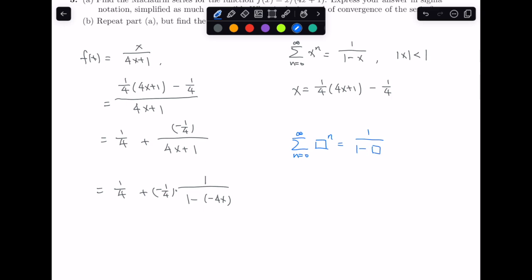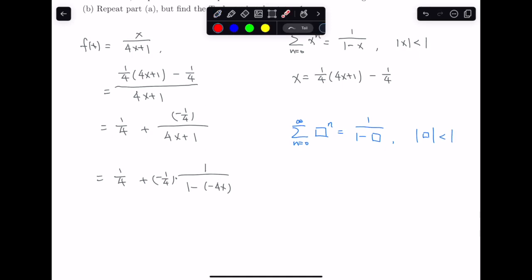And that something could be anything, as long as the absolute value of this something is less than 1. Okay, and apparently in this case, the something that we're looking at is going to be negative 4x. Okay, negative 4x is going to be filled in this template.